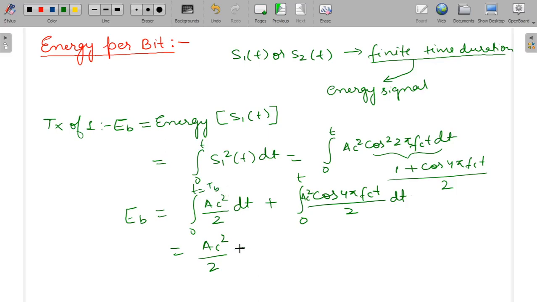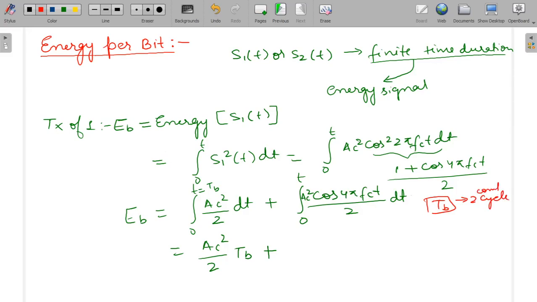So Ac square by 2 into Tb plus, see, this is the complete cycle. See, 4 pi fc t, so its period is 2 pi divided by its period, meaning in one bit duration, it will take 2 complete cycles.